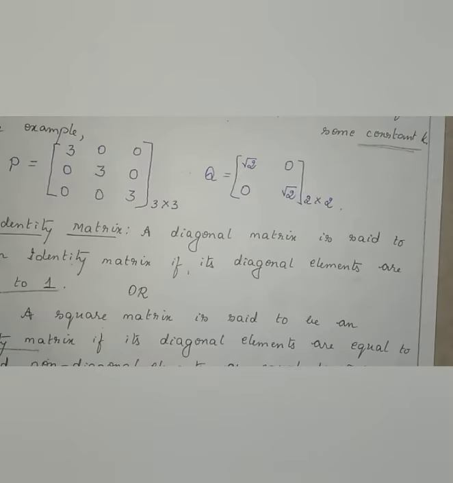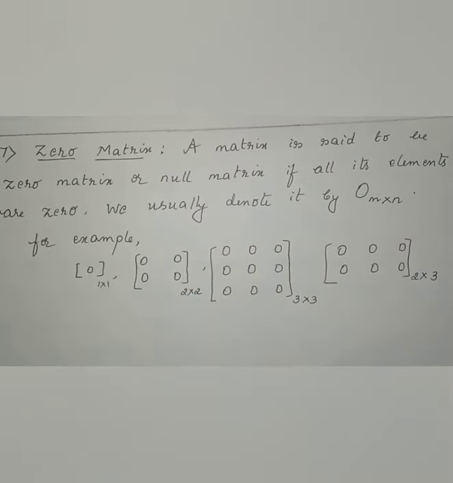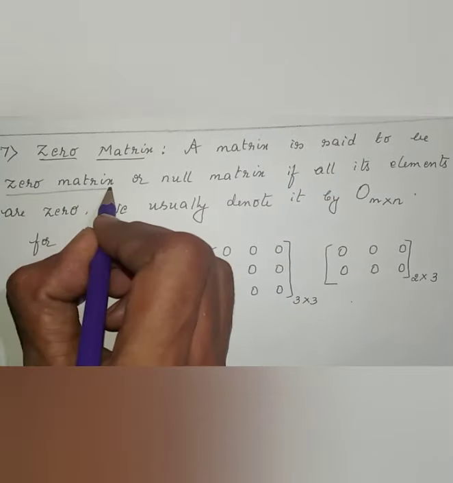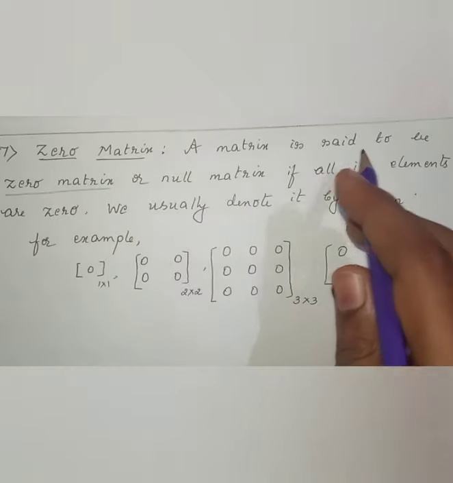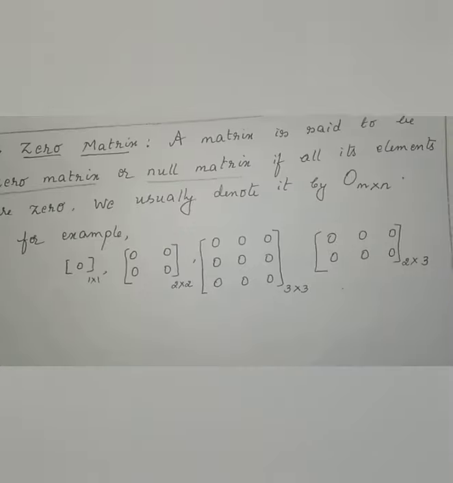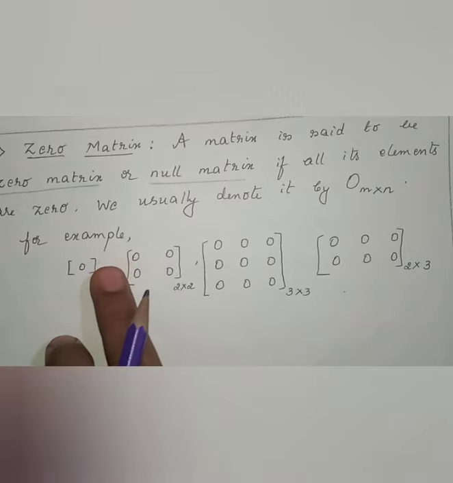Next comes the zero matrix. The name itself defines it. A matrix is said to be a zero matrix, I didn't mention a square matrix, that may be any matrix. A matrix is said to be a zero matrix, one more name for this is null matrix, if all its elements are 0.